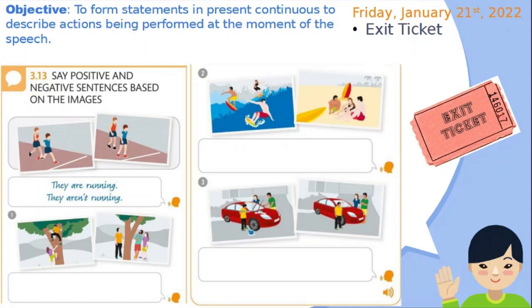In the second picture, they aren't running. They are not running. Aquí tú puedes usar contraction o no usar la contraction, simplemente agregando not. ¿Ok? Da lo mismo para tu escritura acá si tú pones aren't o isn't, si pones are not, is not. Tú vas a crear aquí tus propias oraciones, pero siempre basado en lo que estás observando en esas images. ¿Ok?